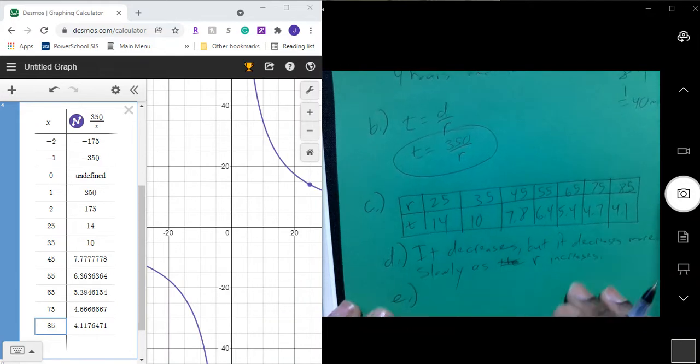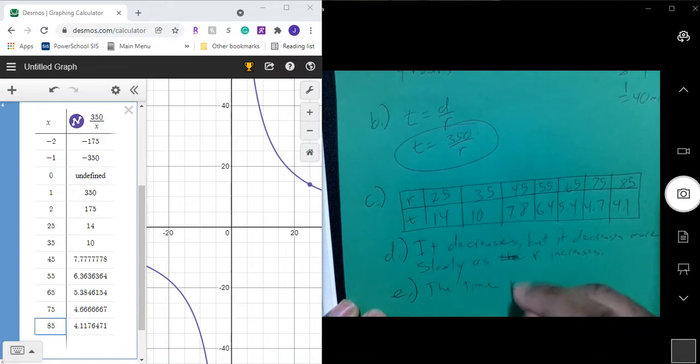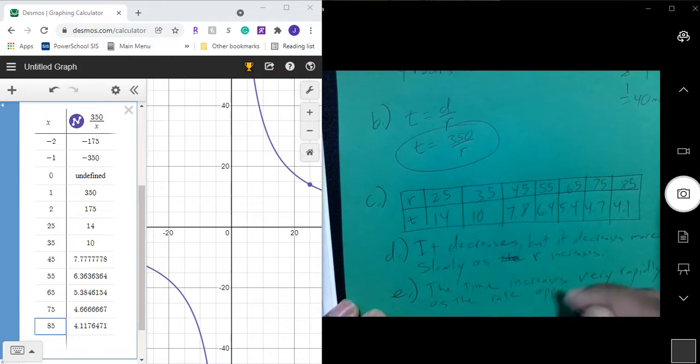Okay, now we come to E. It says, as your average speed for the trip gets closer to zero, what happens to the time it takes to complete the 350-mile trip? The time increases very rapidly as the rate approaches zero.